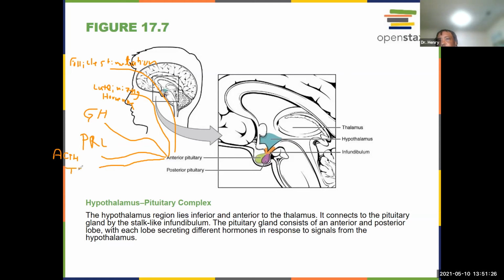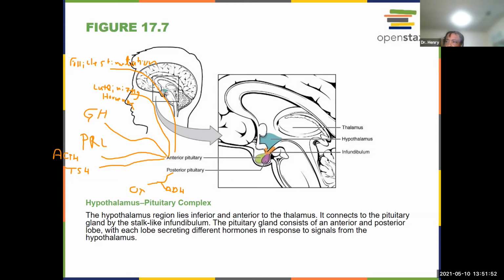The thyroid stimulating hormone, which we mentioned earlier. In the posterior, we have the antidiuretic hormone, ADH. We have oxytocin.